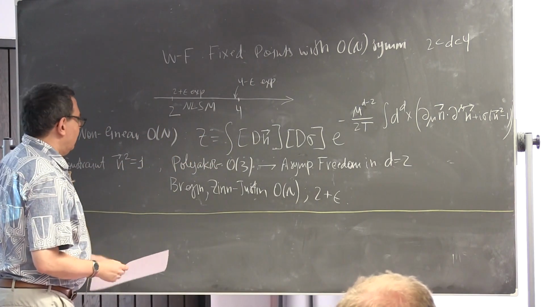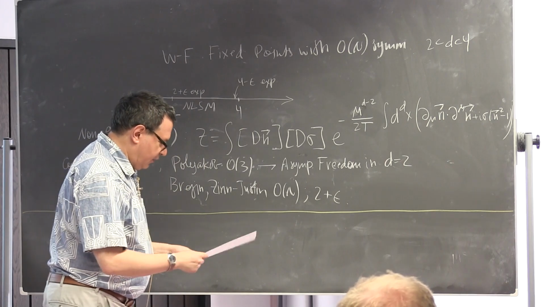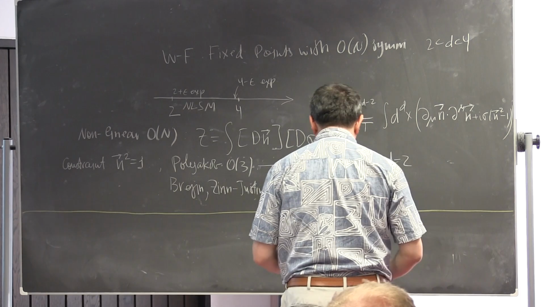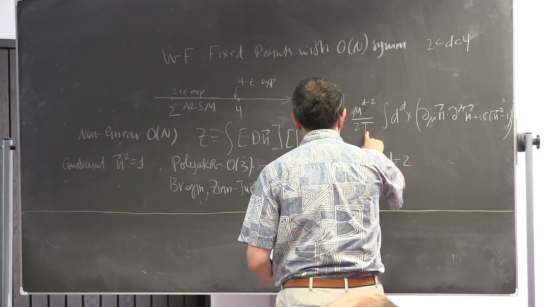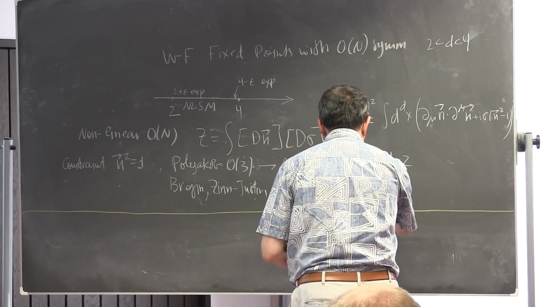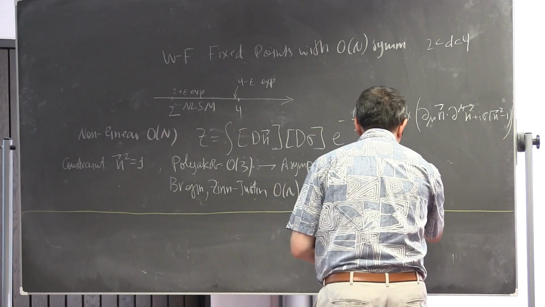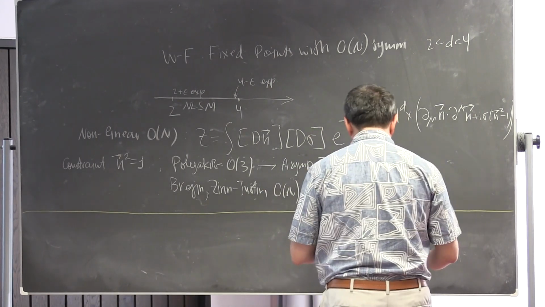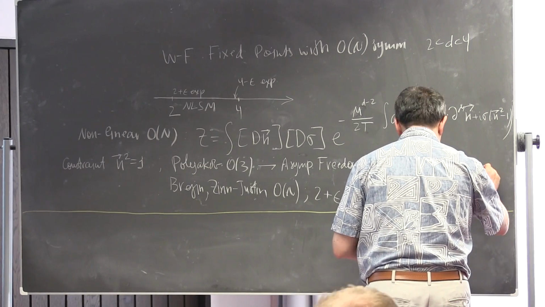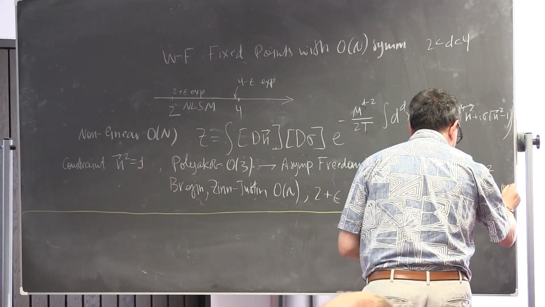Their result was basically the following for arbitrary N. They found that the beta function, or RG flow equation, for this dimensionless parameter t is dt over d log of the scale equal to epsilon t minus (N minus 2) t squared divided by 2 pi, plus something of order t cubed.